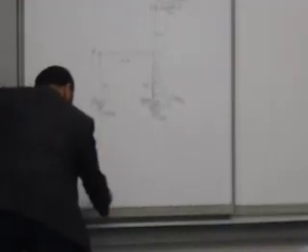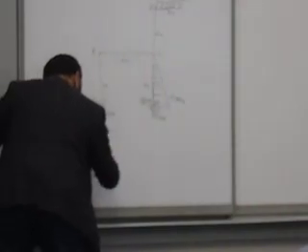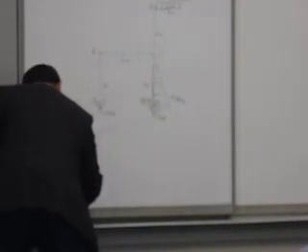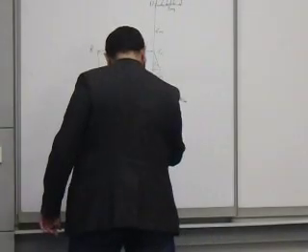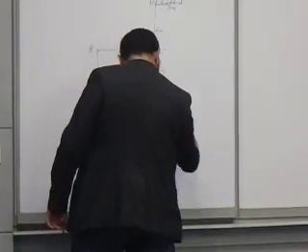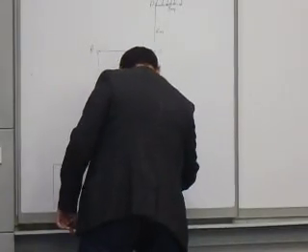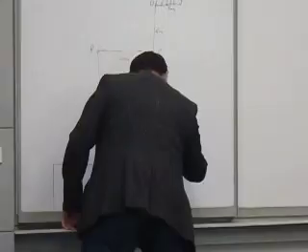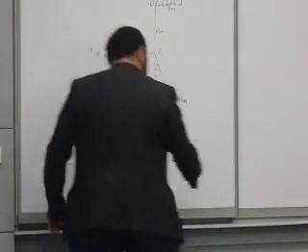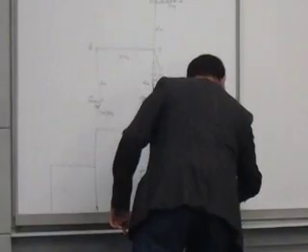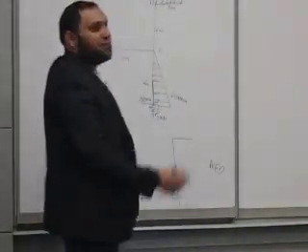So, first I'll start with what? Let this be the normal, this is the shear, and that's the normal. Okay? So in order to get the normal force diagram, we said we'll look at everything that's axial.